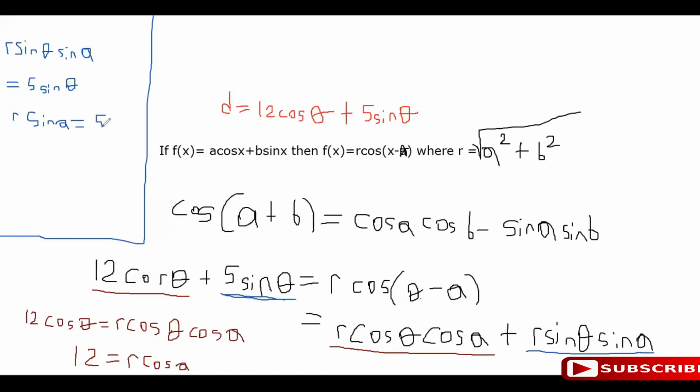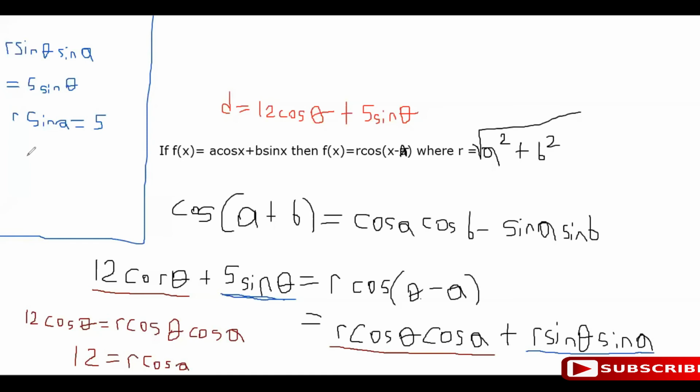So look what we just found out: r cos A is 12, and r sine A is 5.